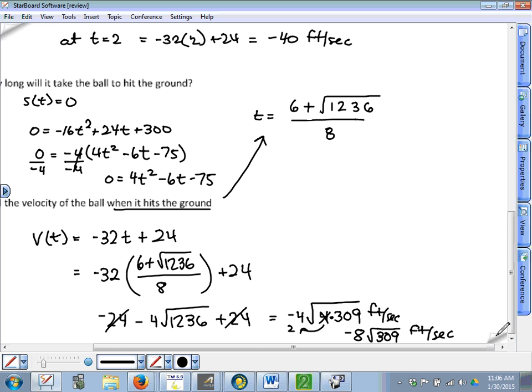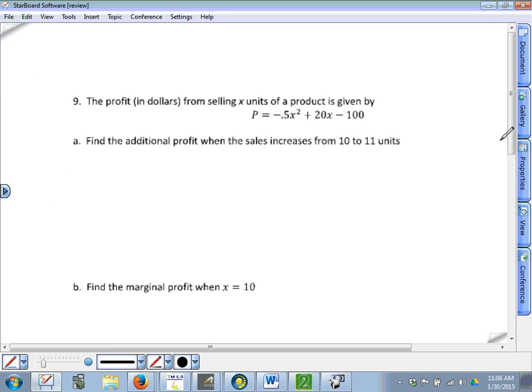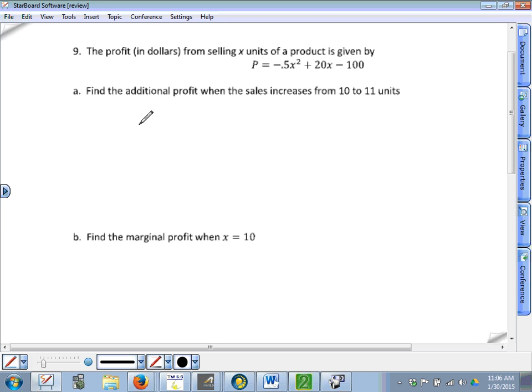Okay, question 9. Find the additional profit when sales increase from 10 to 11. So we need to take the profit function and find out what the profit was at 10 units and what the profit was at 11 units and find the difference.